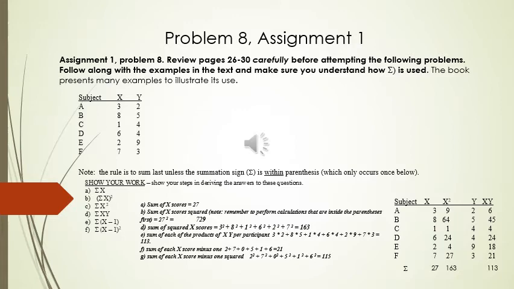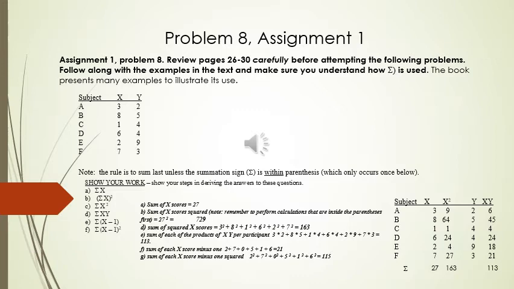Okay, D is the sum of xy. Again, we sum last. That's telling me to, for each subject, take the x and multiply it by the corresponding y. Do that for all 6 pairs, and then sum together the products. So I take 3, multiply it by 2, and I get 6.